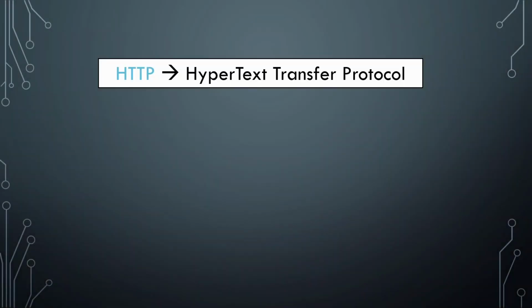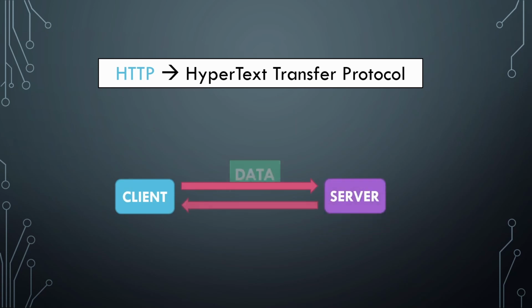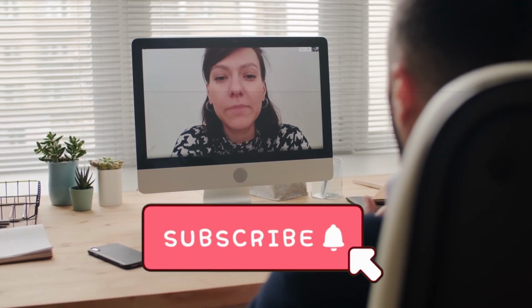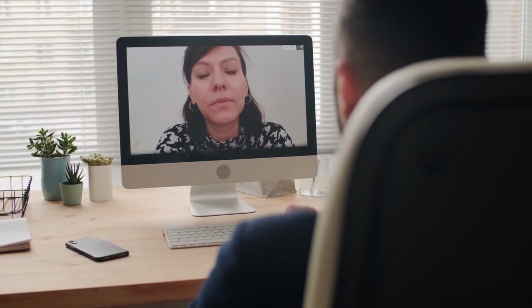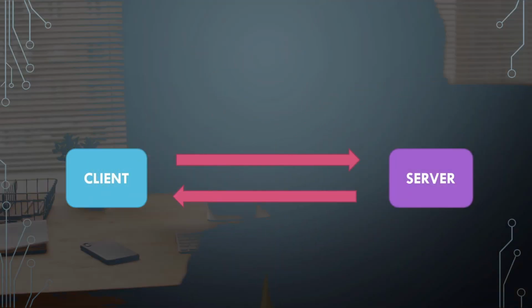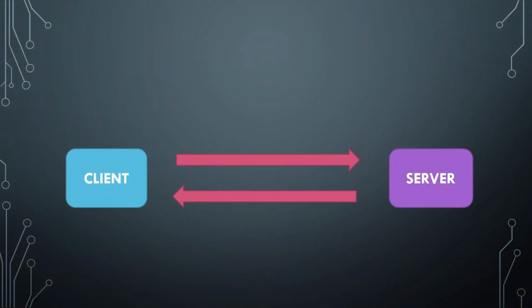HTTP or Hypertext Transfer Protocol is the kind of protocol that allows transferring data between a web browser or a client and a web server. So it is like the language that a web browser and a web server talk to each other. HTTP follows a client-server model, where the client starts the conversation by sending an HTTP request to the server.